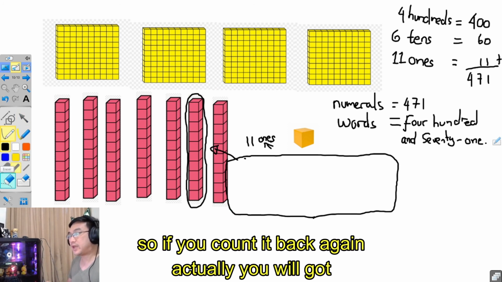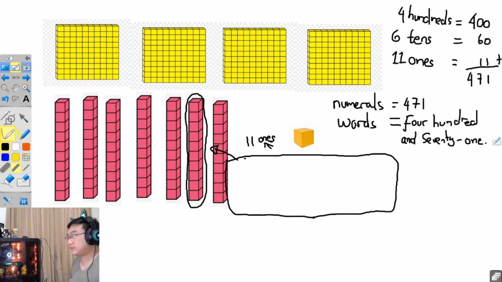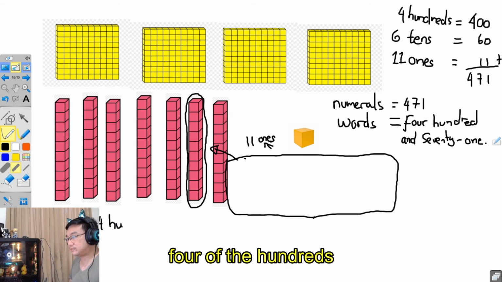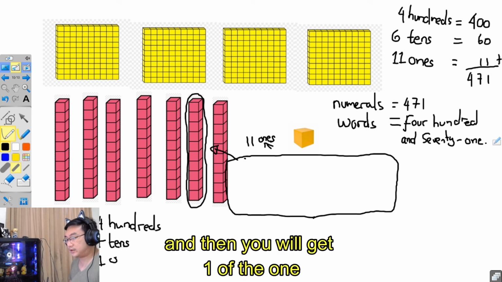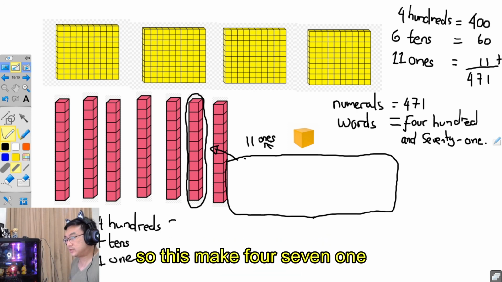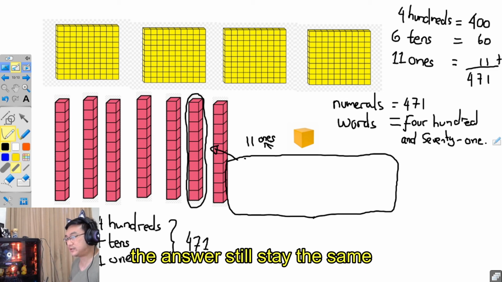So if you count it back again, actually you will get 4 of the hundreds, and then 7 of the tens, and then 1 of the ones. So this makes 4, 7, 1. The answer still stays the same.